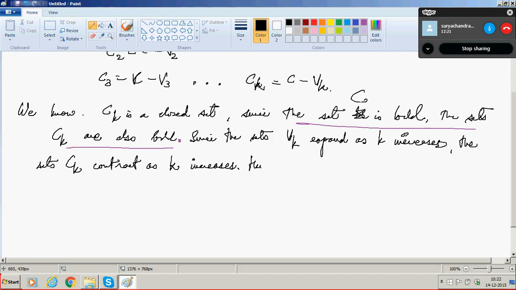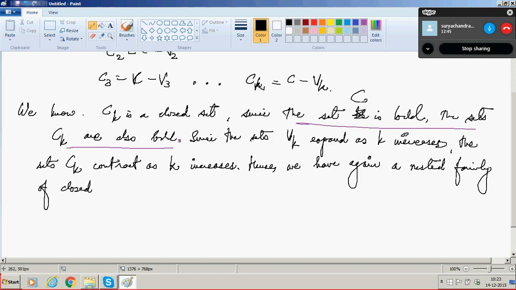Hence we have again a nested family of closed and bounded sets.